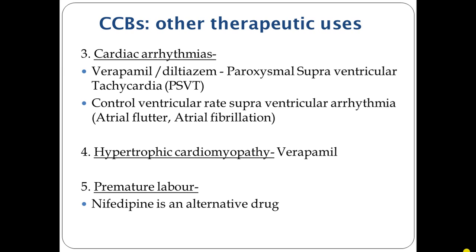Premature labor is a condition where uterine contraction starts before 37 completed weeks of gestation, and calcium channel blockers will relax the uterine muscle also and can be useful for the treatment of premature labor, where nifedipine is the alternative drug. In Raynaud's disease, where peripheral vascular disease is there, we use dihydropyridines to reduce the severity of the disease.